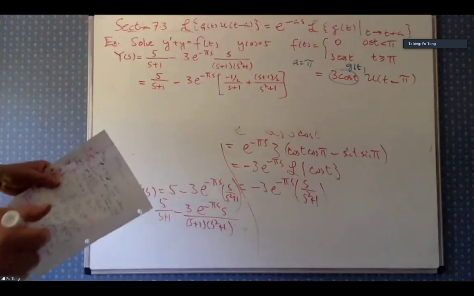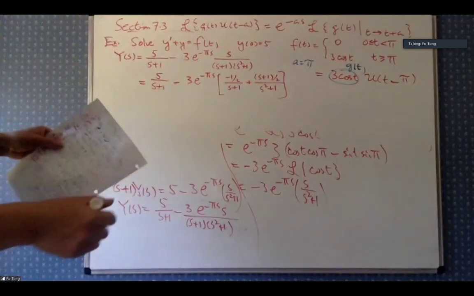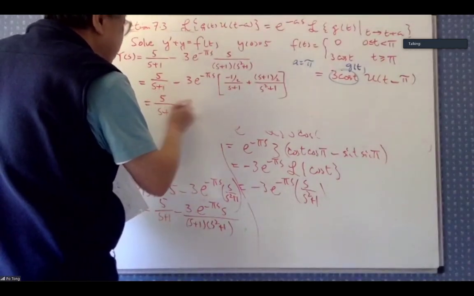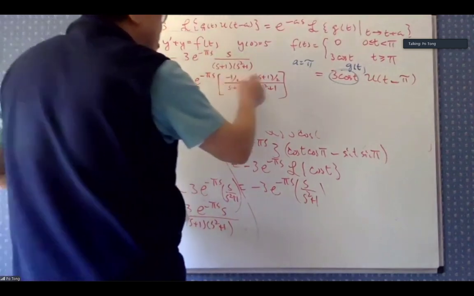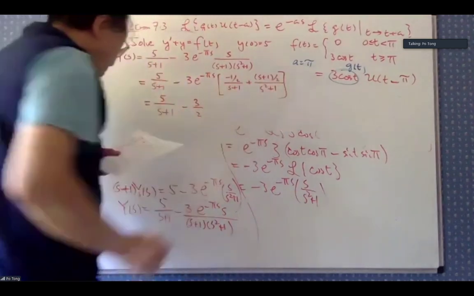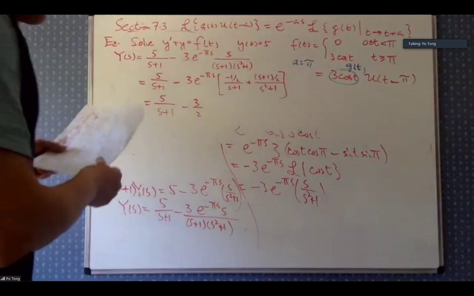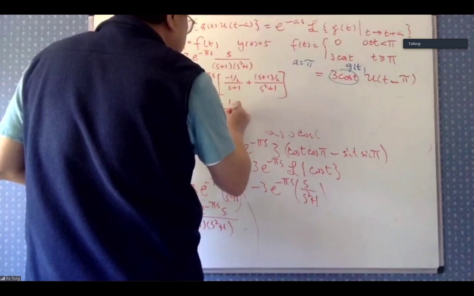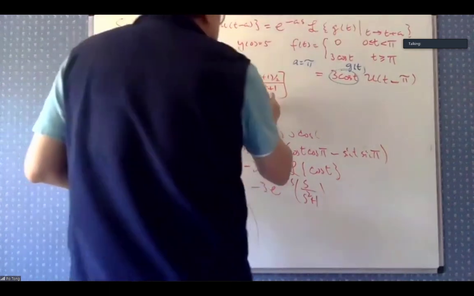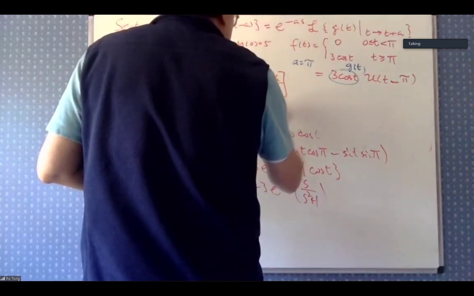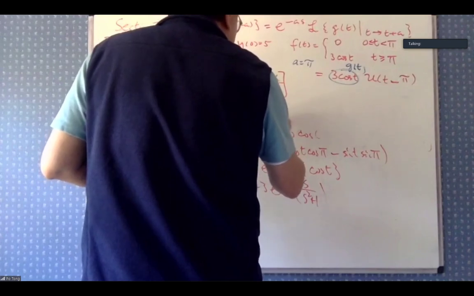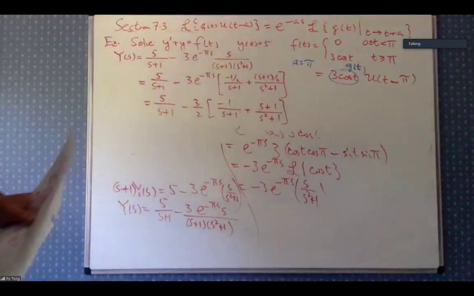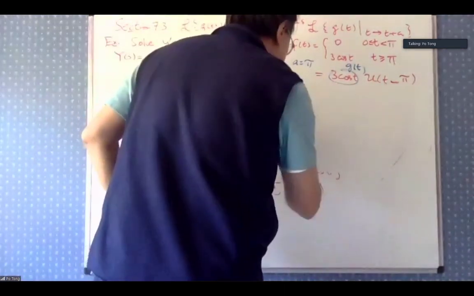And now I end up with this, okay? I take the 2 out, 3 over 2. And then I need to do the inverse transform.